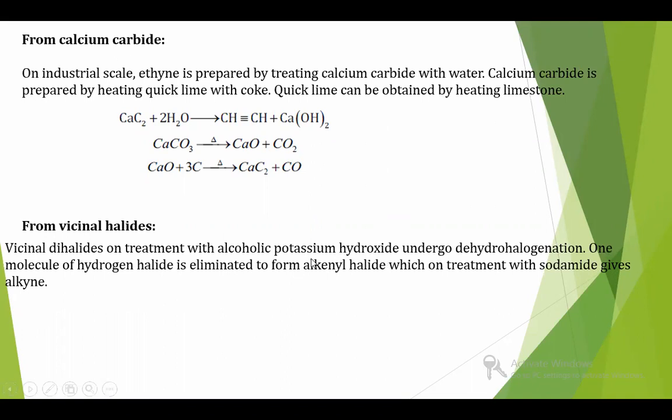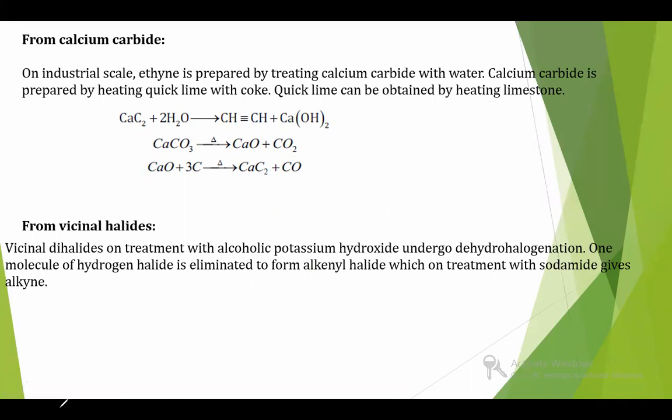Earlier we studied alcoholic KOH, which brings about dehydrohalogenation, removal of halogen as well as hydrogen. One molecule of hydrogen halide gets eliminated, forming an alkenyl halide, which on treatment with sodamide, NaNH2, gives the triple bonded compound.